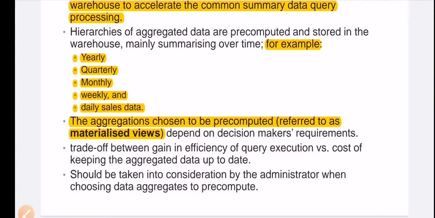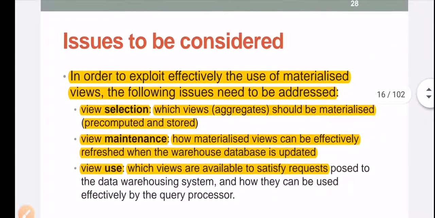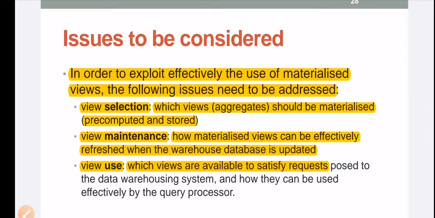The aggregation chosen to be pre-computed, referred to as materialized views, depends on the decision maker's requirements. So remember that this aggregation is called materialized views. In order to exploit effectively the use of materialized views, the following issues need to be addressed. View selection: which views or aggregates should be materialized, or pre-computed and stored?